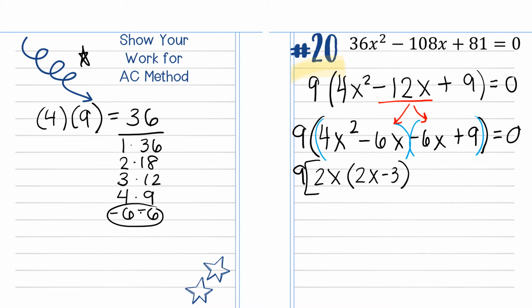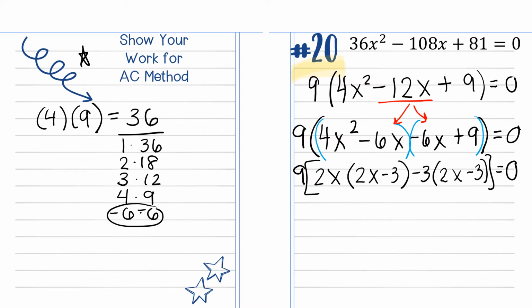And then same thing, the greatest common factor of negative 6x and positive 9 would be a negative 3, and what's left on the inside would be 2x minus 3, and we can set that equal to 0.